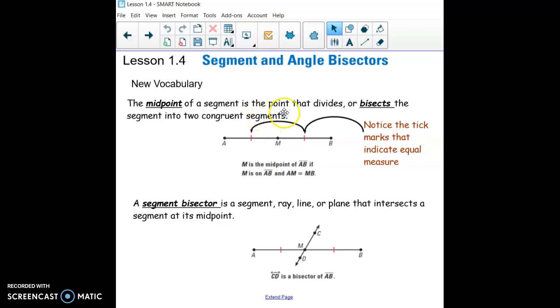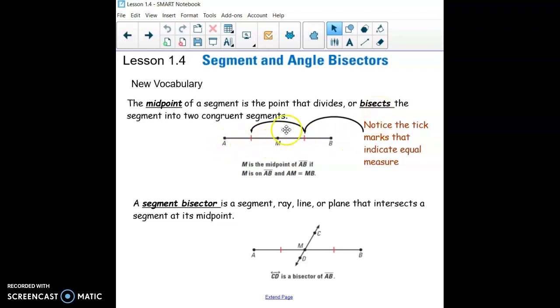The midpoint of a segment is the point that divides, or bisects, a segment into two congruent segments. So in your handout, you have two blank lines. The midpoint is one of the vocabulary words, and bisects. To bisect means to cut something in two.